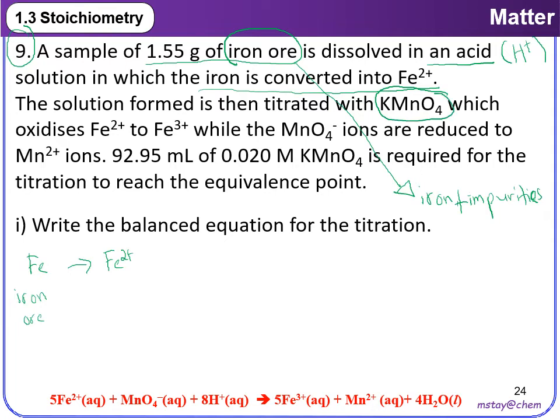So this Fe2+ later reacts with KMnO4, which will oxidize the Fe2+ to Fe3+. While MnO4 negative, which is from the KMnO4, is reduced to Mn2+, and 92.95 ml of 0.02 molar KMnO4 is used.